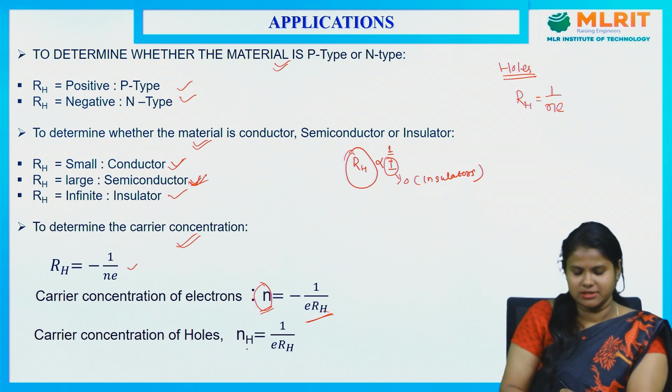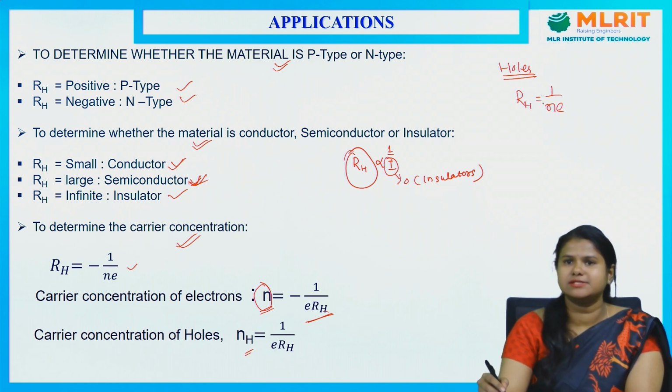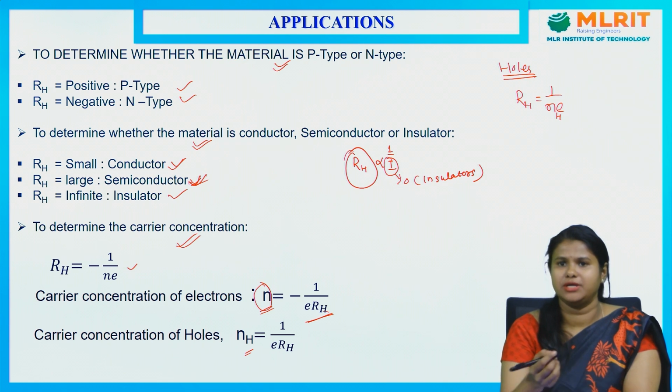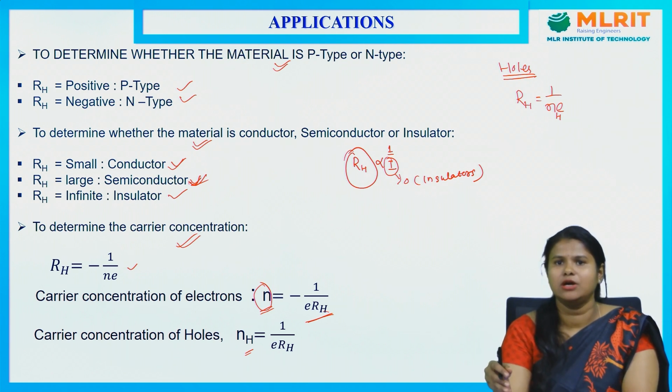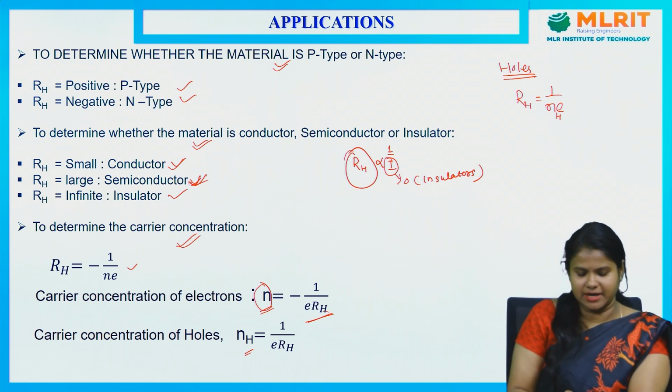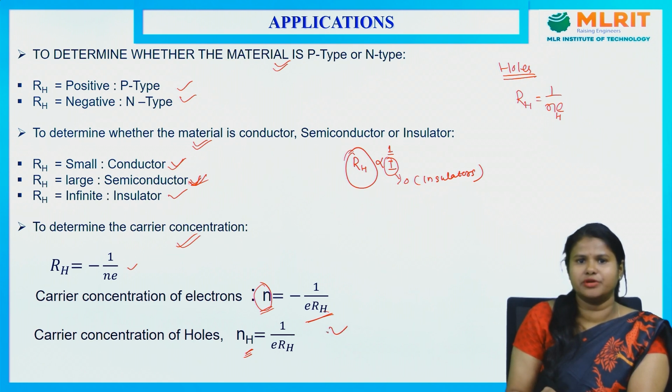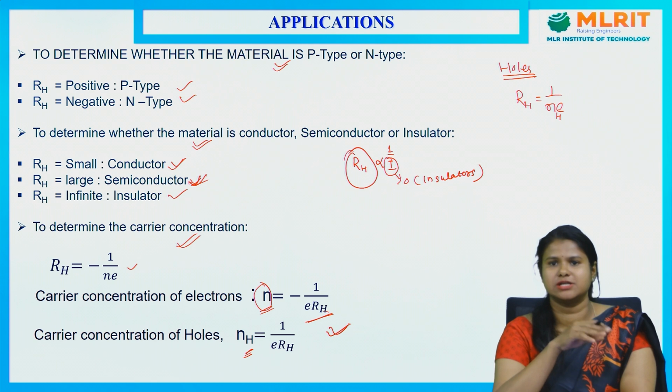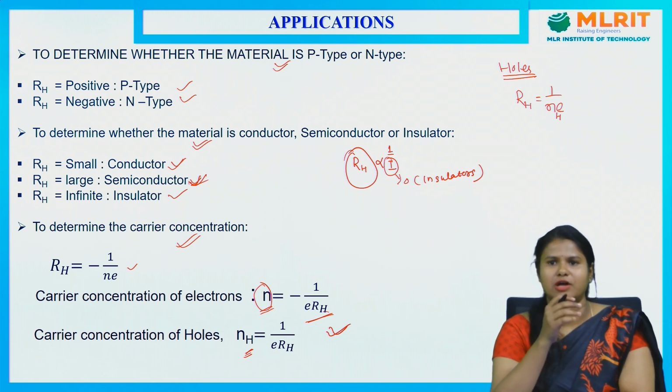This is the number density of holes, so I can write NH into e, where NH is the number density of holes. We can write the number density of holes as 1 over e into RH. So we can also find the carrier concentration of holes if we know the value of the Hall coefficient.